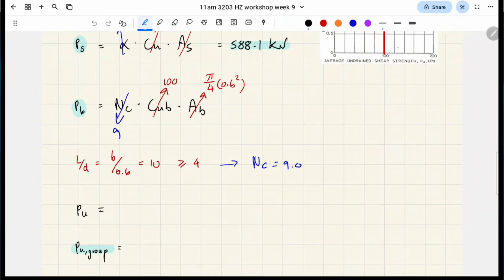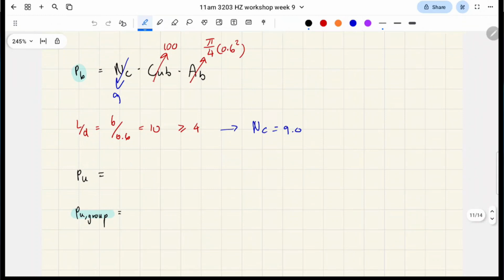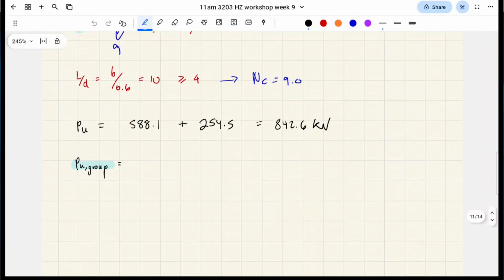All right, cool. So capacity of our pile is 588, which is our shaft capacity, plus 254.5, which is our base capacity, giving us 842.6 kilonewtons, right? Okay, sure. So one more thing we have to do to calculate the strength of the pile group when we sum them is just take that number and multiply it by the number of piles, which in this case is 9.